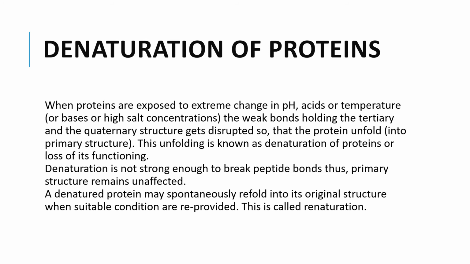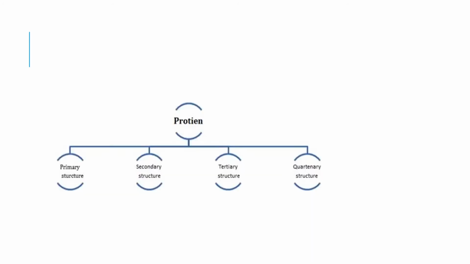At that time the protein may lose its function. Denaturation is not strong enough to break peptide bonds, thus the primary structure remains unaffected. A denatured protein may spontaneously refold into its original structure when suitable conditions are re-provided. This is called renaturation.